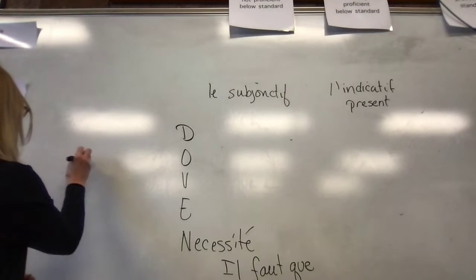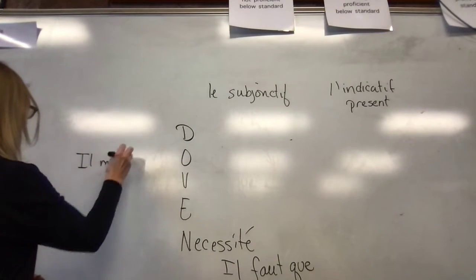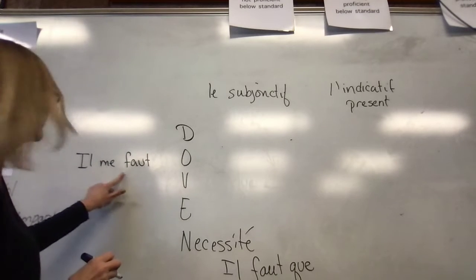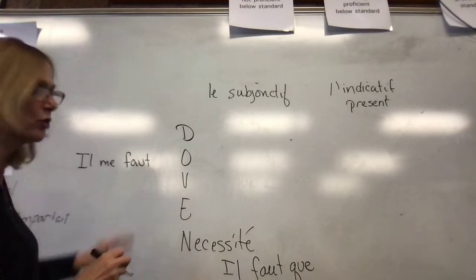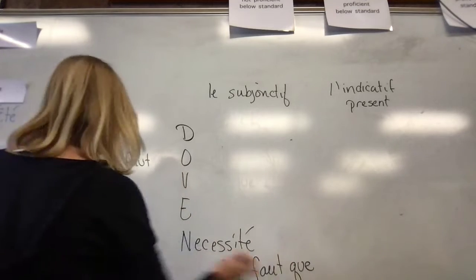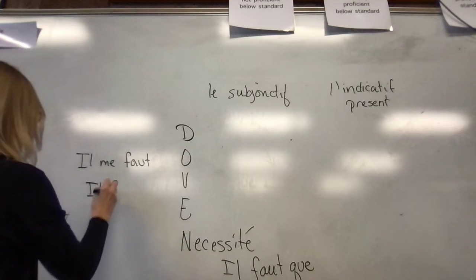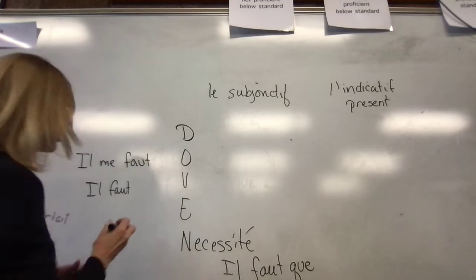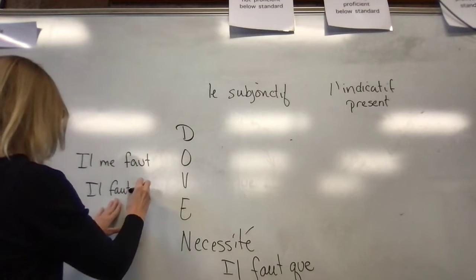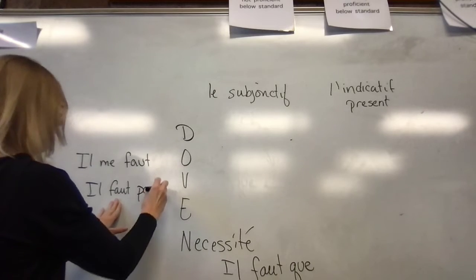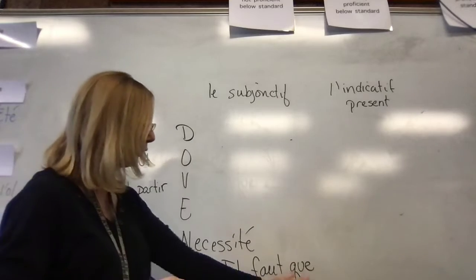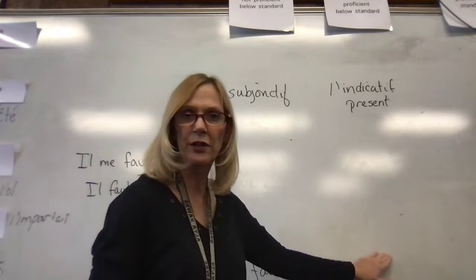Now remember, il me faut means I need something. It is necessary to me. It doesn't need the subjunctive. You have to have this little que. And you can also use it as a first verb, and then the second verb would not need the subjunctive. Il faut partir. It's necessary to leave. It's only when you have il faut que, and now we need a whole other sentence.